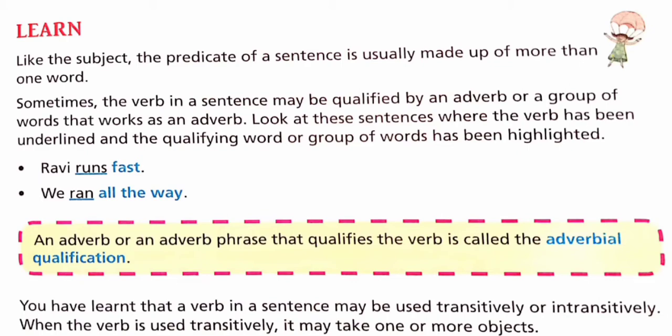For example, Ravi runs fast. We ran all the way. In these sentences, runs and ran are the verbs, and the words fast, all the way are the words which qualify the verb.